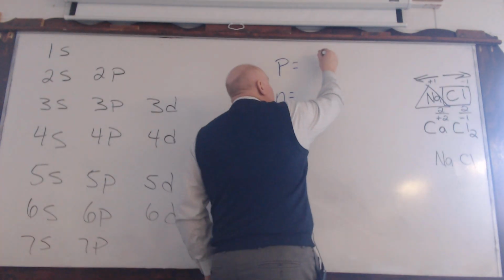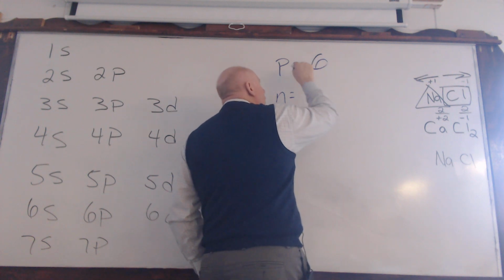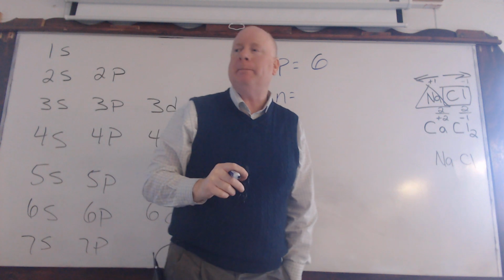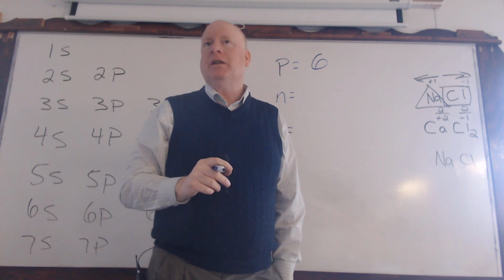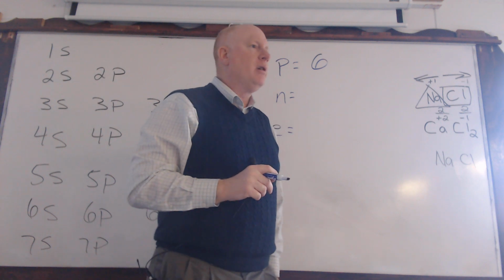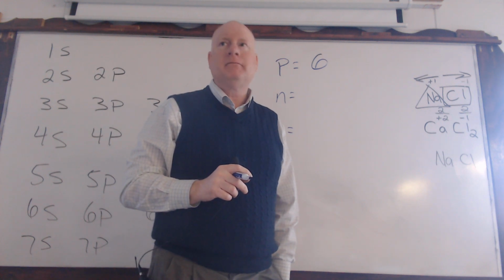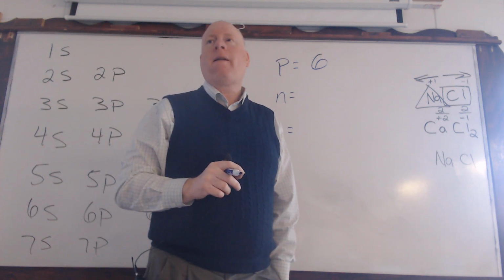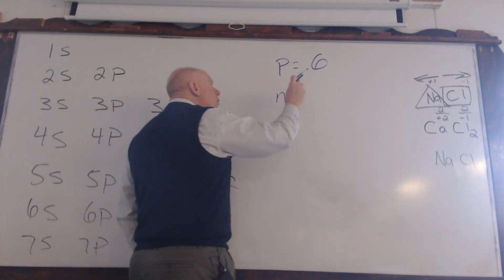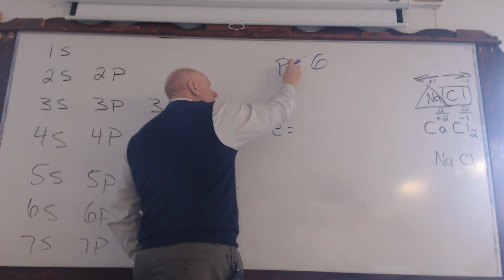So, it's got 6 protons. So, what number is this? Not just the number of protons, it's got a specific name. Is it the valence number, isotope number, atomic mass? It's an atomic number. The atomic number tells you how many protons an element has.